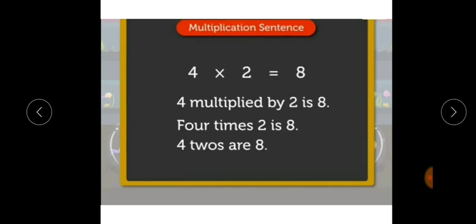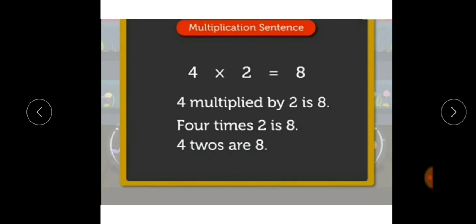Yes, we can write this in a sentence using a multiplication symbol. This is the multiplication symbol and we can write it as 4 multiplication symbol 2 equals 8, and this is called a multiplication sentence. Okay children, and we can read it as 4 multiplied by 2 is 8, or 4 times 2 is 8, or 4 twos are 8.